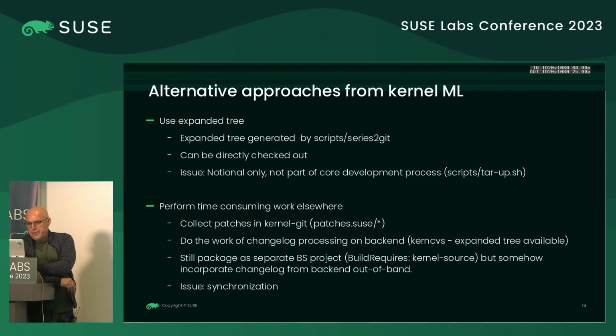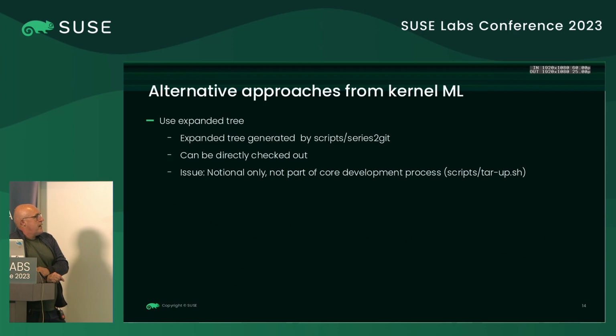But the issue is that it's notional only. So it's not part of the actual development process. It's purely, if you want to use it, you can use it. But the actual branch maintainer still runs scripts.tar.sh to push the changes into the build service. There's no expanded tree. So using it is just kind of completely tangential to the problem.